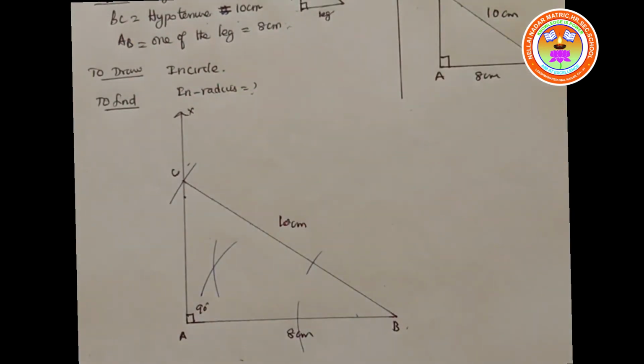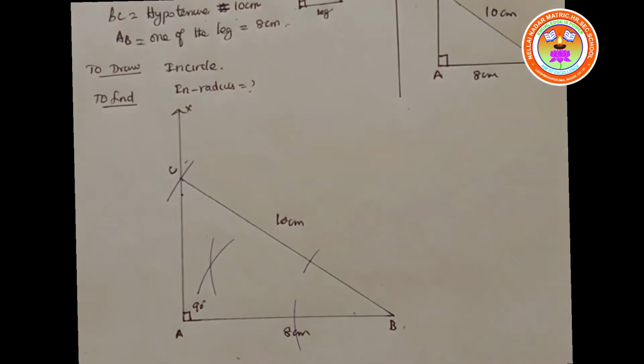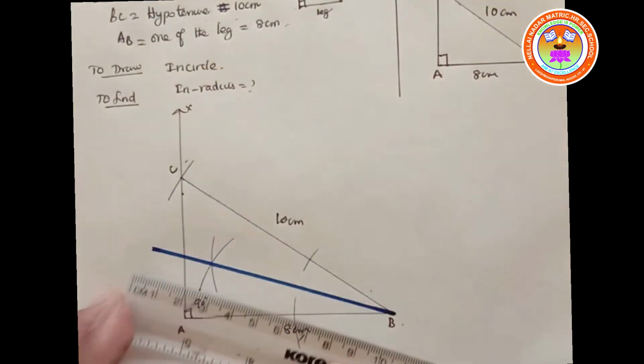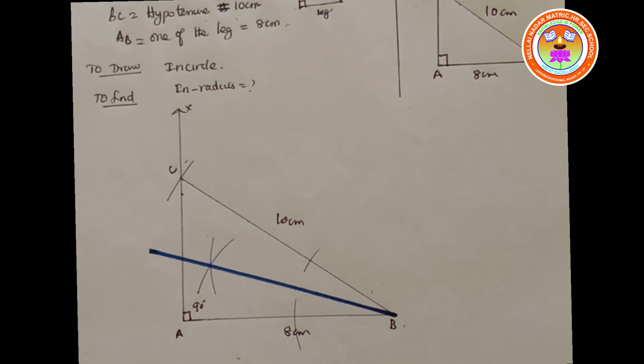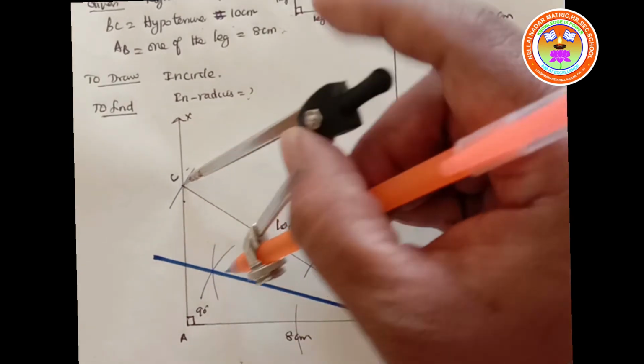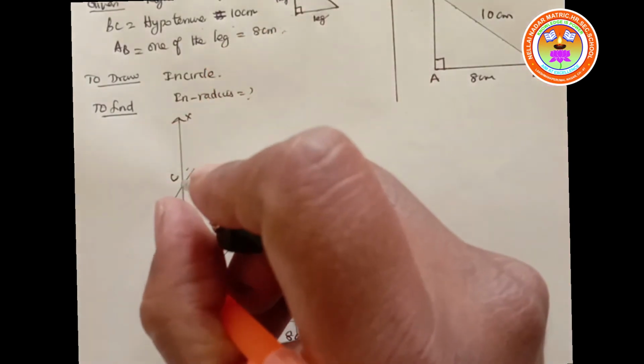With the help of the scale, extend the line. This is a perpendicular bisector. It's clear, children? Now from the vertex C, take any radius.